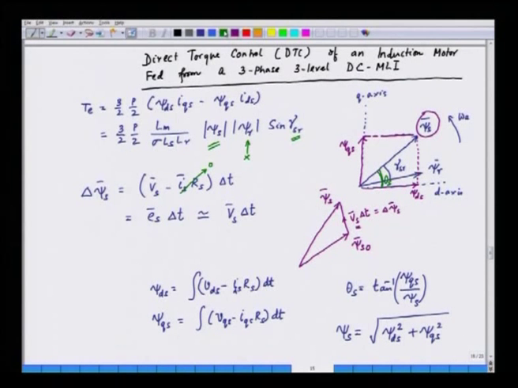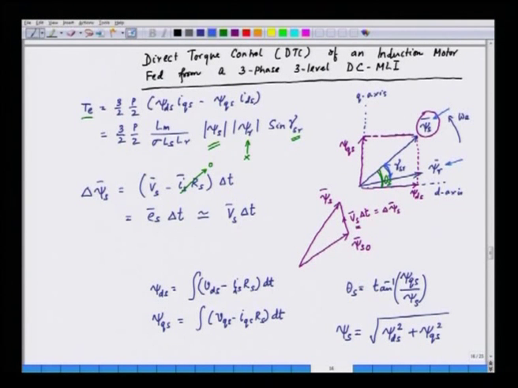Te is equal to the constant 3 by 2 into P by 2 into Lm by sigma Ls into Lr, and then psi s is the amplitude of the stator flux, psi r is the amplitude of the rotor flux, then sin gamma Sr, where gamma Sr is the angle between the two fluxes. So, we have the stator flux psi s and the rotor flux psi r as flux vectors, and gamma Sr is the angle between the two fluxes, this angle.